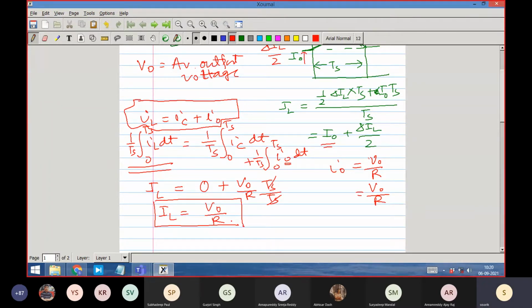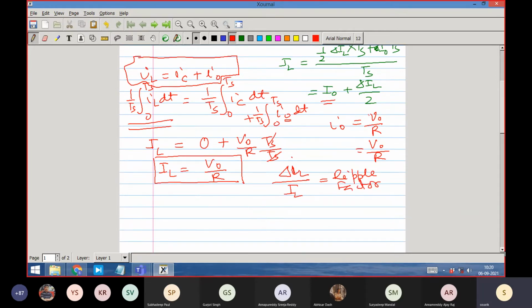So the ripple factor, what I am defining as the ripple factor, that is delta IL by IL, the ripple factor of the inductor current. So what was the formula?